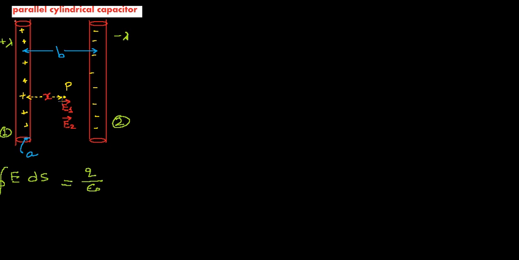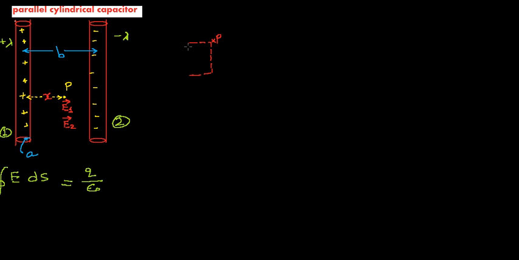Let me draw a separate diagram for this. Here this is my point P, at x distance from the surface. Here we'll take a length L, and over this we will draw a Gaussian surface.